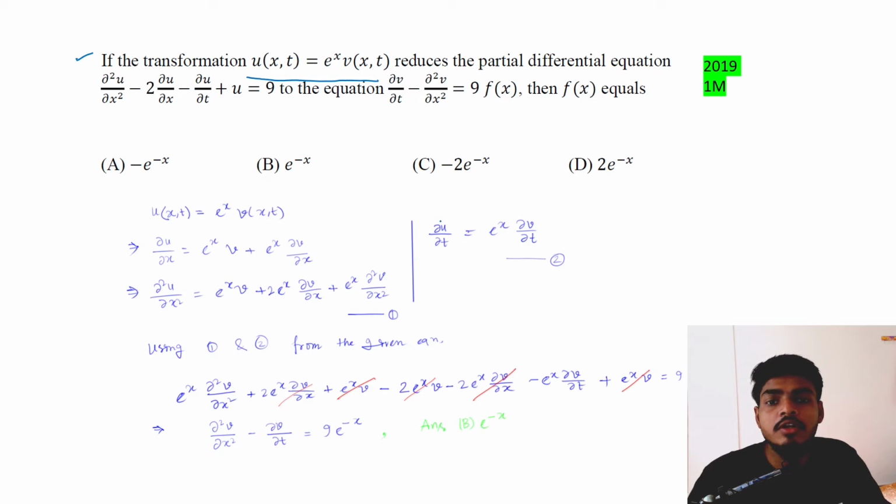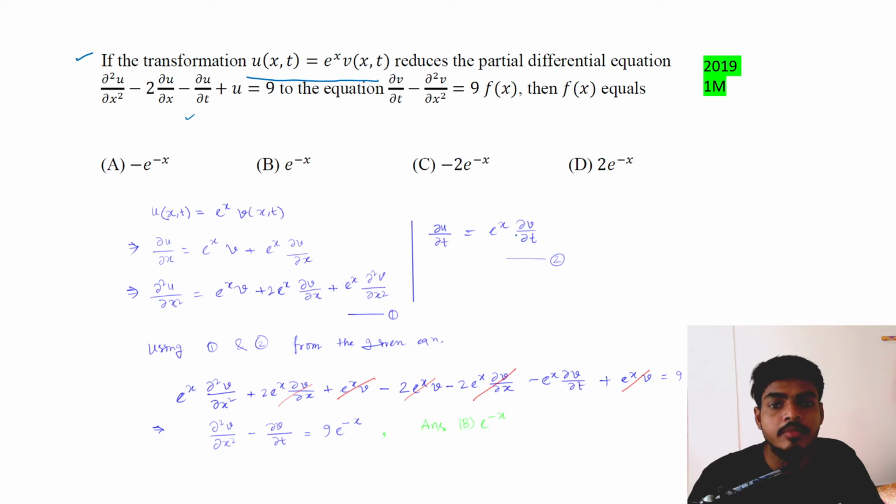And now you need to differentiate u with respect to t. You want du by dt, so du by dt is simply what? e to the power x doesn't have any t dependence, so e to the power x would be simply outside. It is constant, and its derivative with respect to t is simply zero, so that term will be gone.